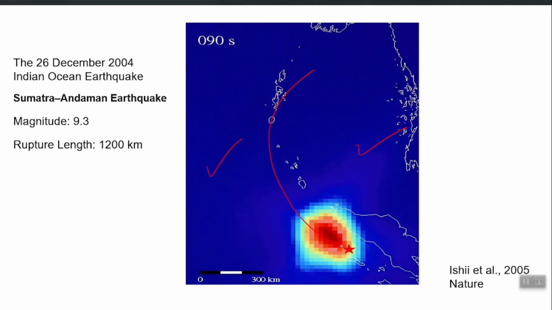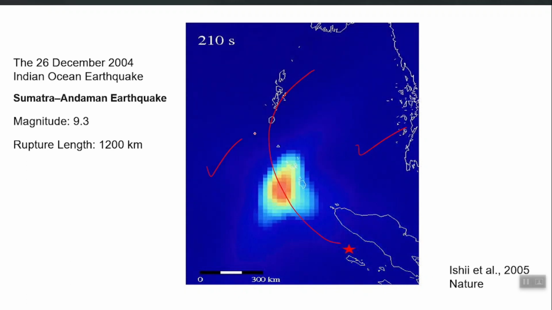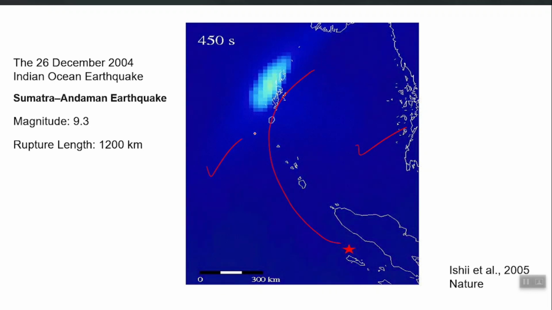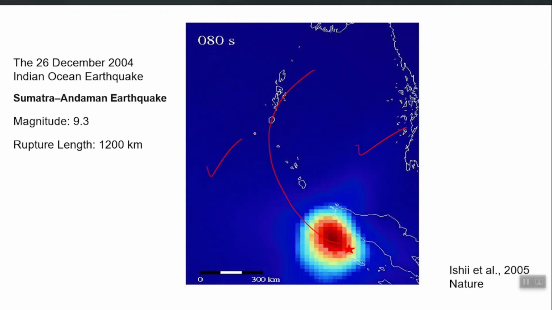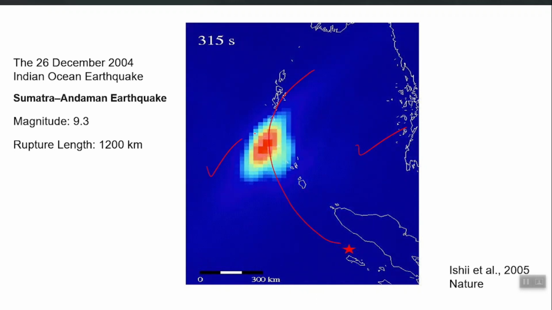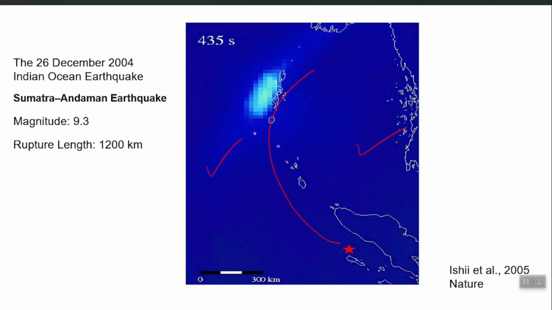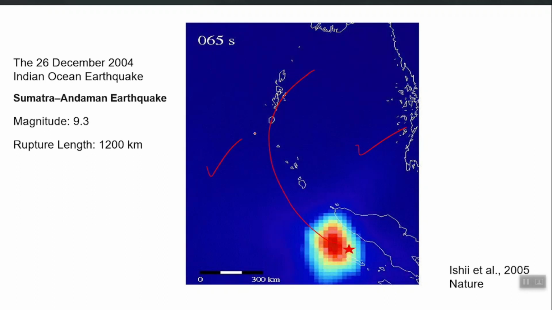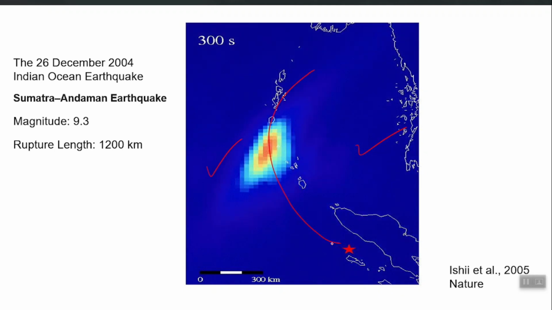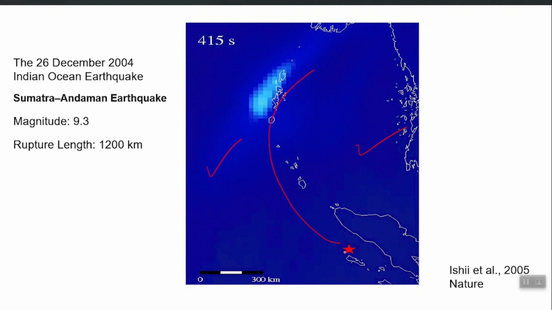So sometimes the slip can travel all along the fault line, sometimes it can travel only up to one part of the fault line, right? It depends on the internal geometry and structure and the mechanical properties involved in that process. And as I have said, we do not have much information about all those phenomena here. So you can see the red color, it originated from that star point, but then it traveled like here.